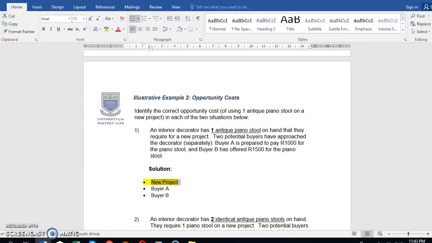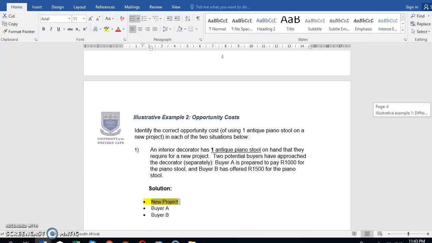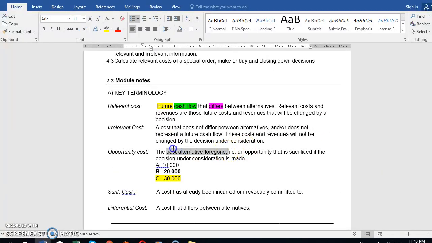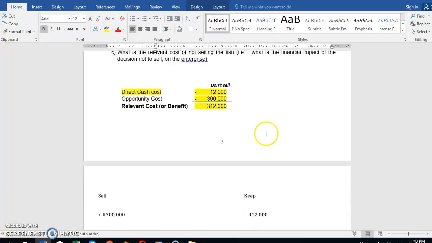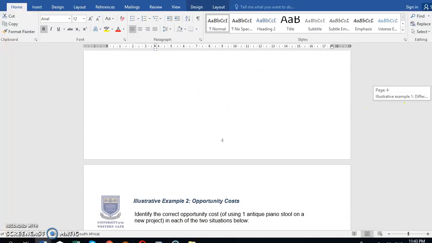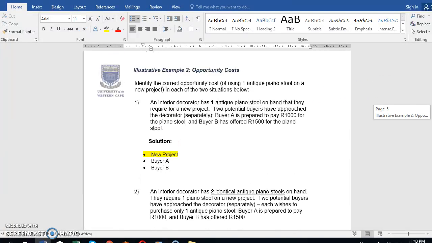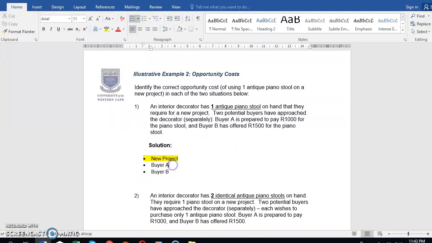So the definition of the opportunity cost says it's the best alternative forgone, just to remind you. Alright, so if we are choosing the new project, we forgo A and B. And what's the best between A and B? Well, let's write in the amounts there. A is going to pay us 1,000.